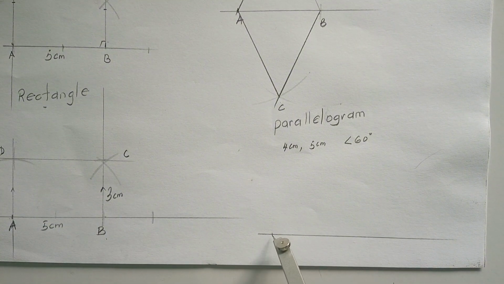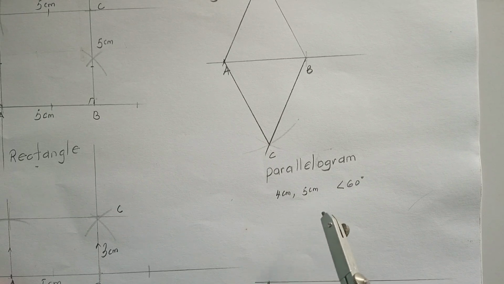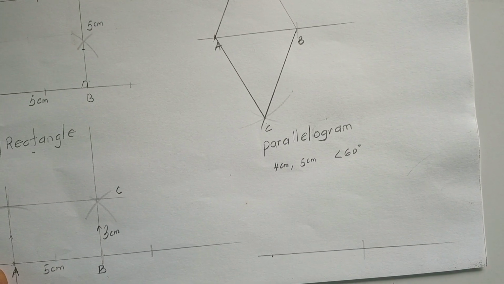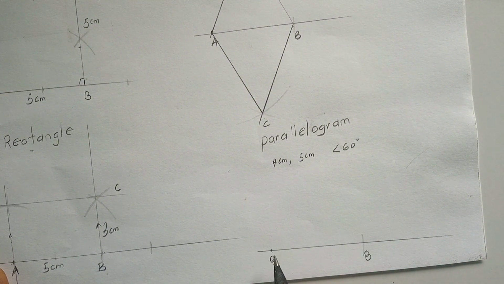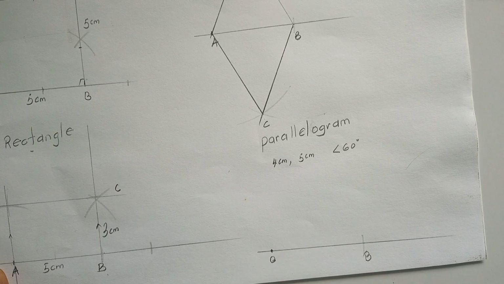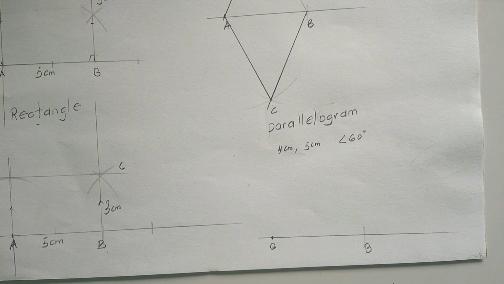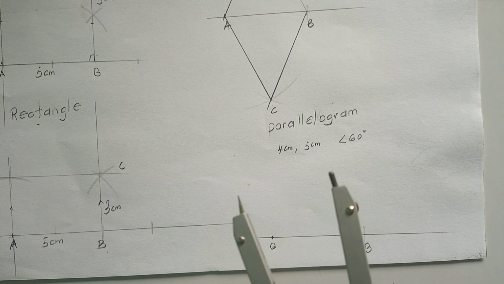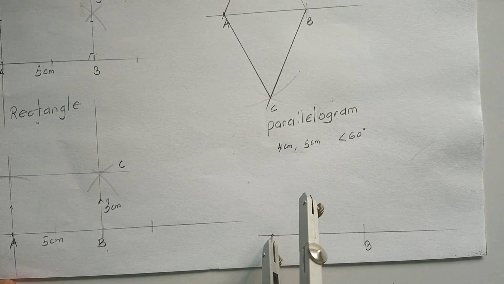From my point here, I strike an arc there like that. So this is 5 centimeters. I can call this O, B. Now, at point A here, I want to construct an angle of 60 degrees. What I'm going to do, I adjust my compass a little bit. Stand at that point.